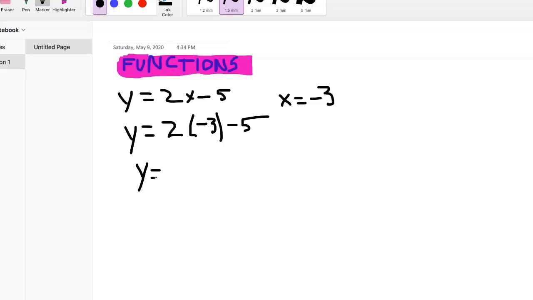Y from there equals 2 times negative 3, which is negative 6, minus 5, equals negative 11. Remembering from the number line, negative 6 minus 5 is not like 6 minus 5 equals 1, so it's not negative 1. It's 5 less than negative 6. 1 less than negative 6 is negative 7, and then going on down the line all the way to negative 11. Okay, so that's that one.